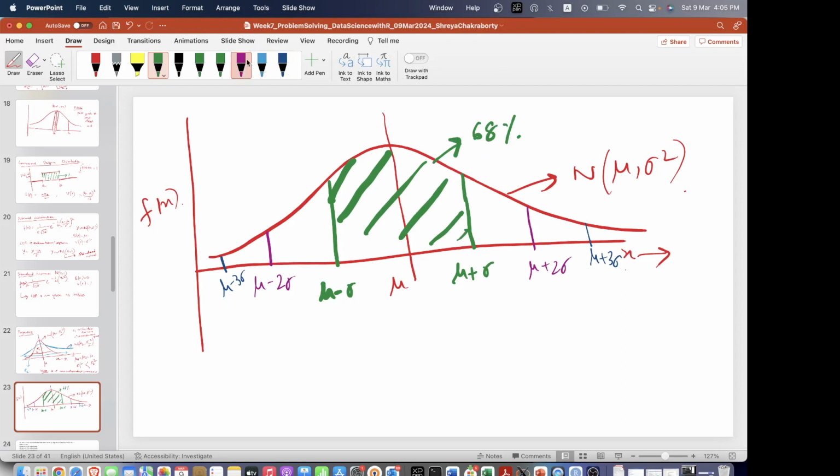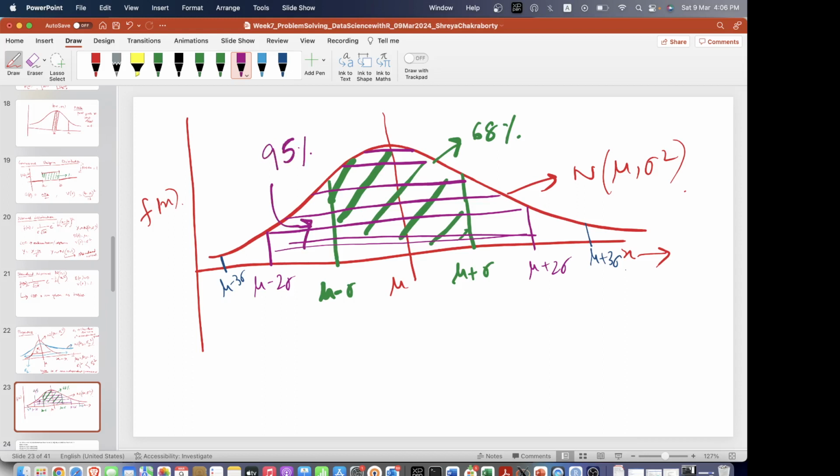Alright, this area from mu minus 2 sigma to mu plus 2 sigma, this entire area is close to 95%.